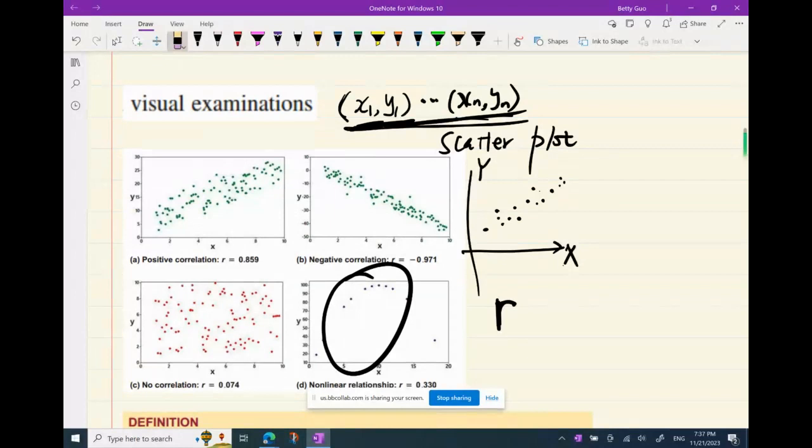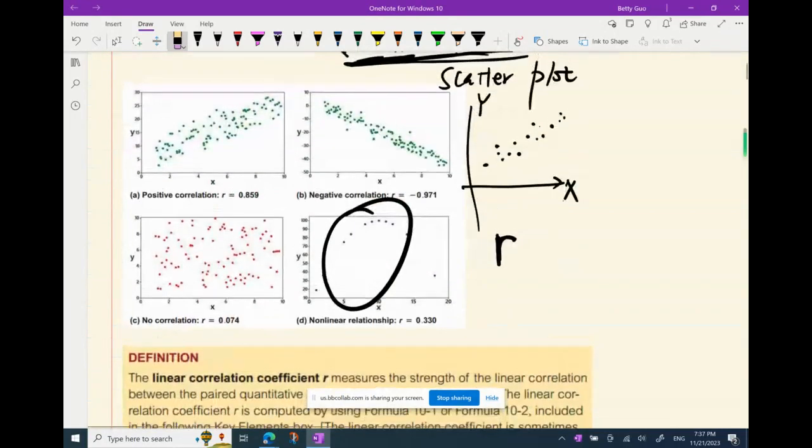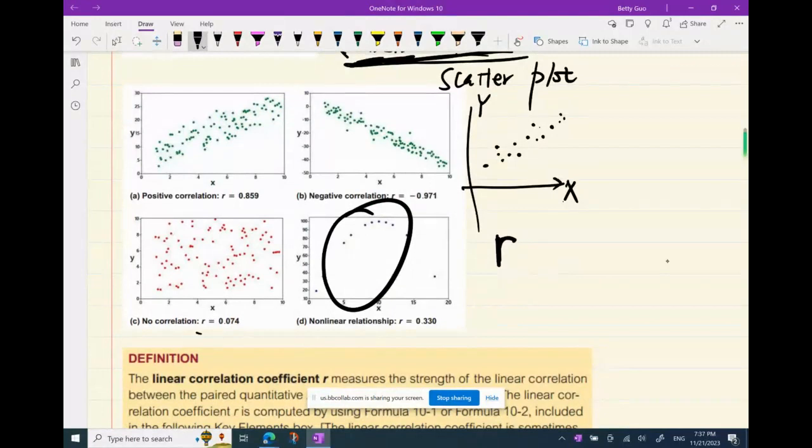If obviously from your sample there isn't a linear pattern between the two variables, we normally do not go ahead to calculate r. But you can see our example here does have the value of r. r equals 0.074 is pretty close to 0.